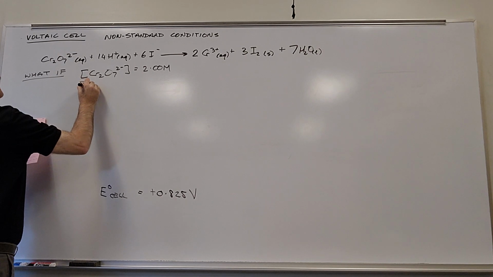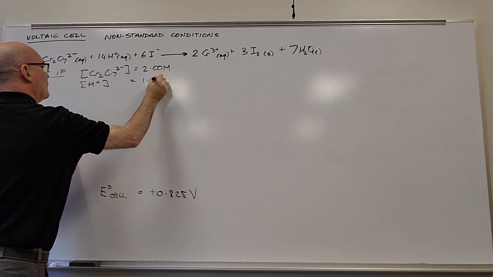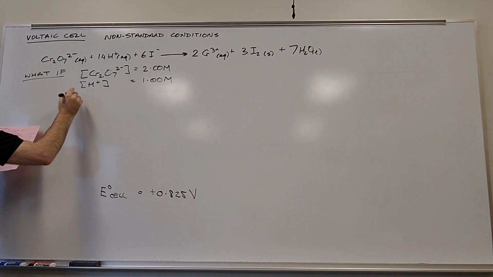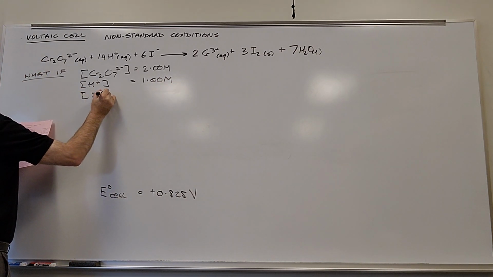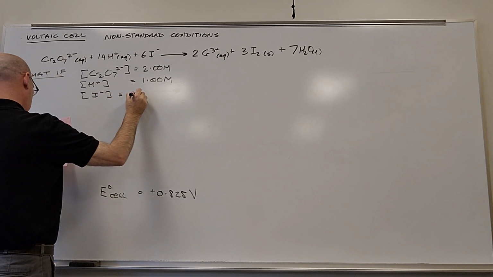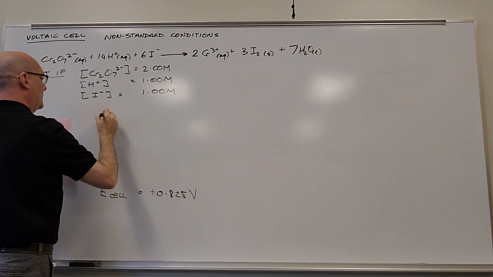And the concentration of acid is 1 mole per liter. And the concentration of iodide is 1 mole per liter.